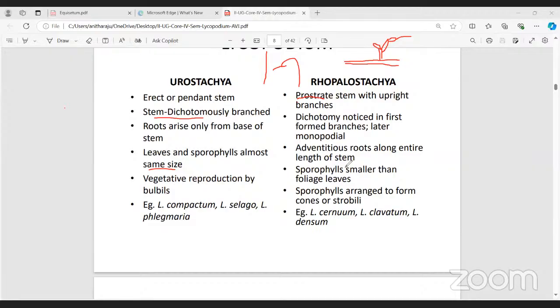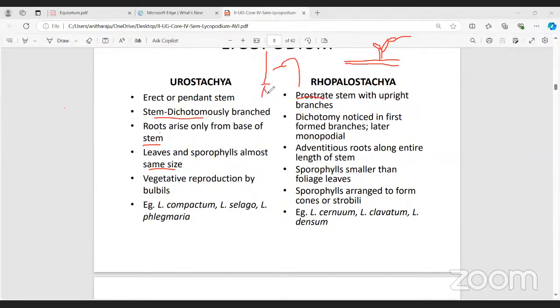And here I actually forgot one thing. Roots arise only from the base of the stem, because it is erect or pendant. For example, roots are arranged from the base like this.